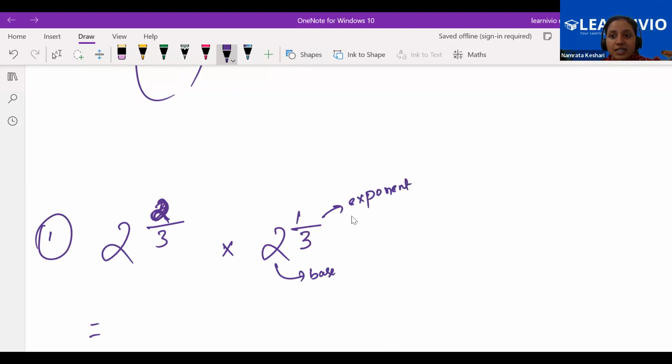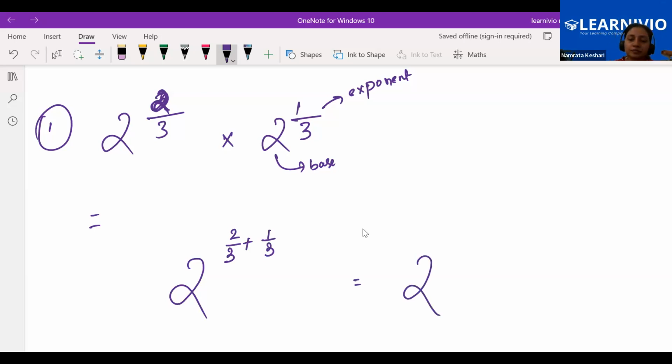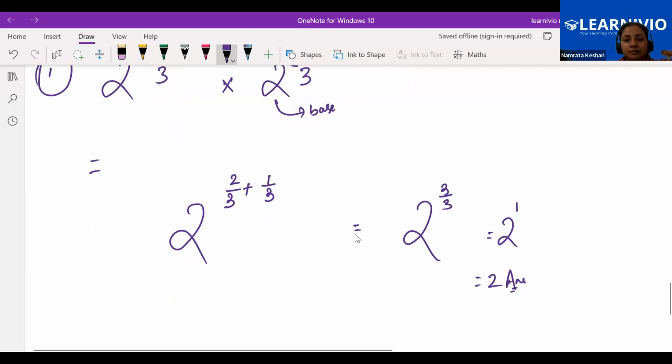If the bases are same and both terms are in multiplication, then we are supposed to, who will tell? Add the powers. 2 by 3 plus 1 by 3 will be 3 by 3, that is 1. So the answer is just 2. Any confusion to anyone? No, ma'am.